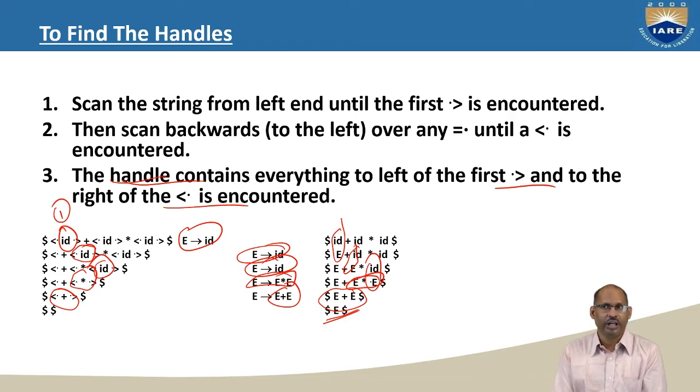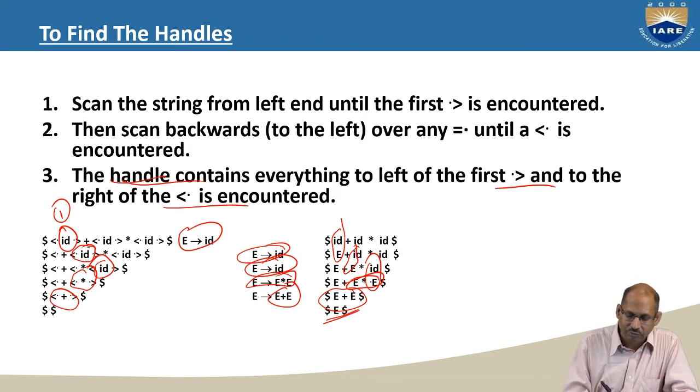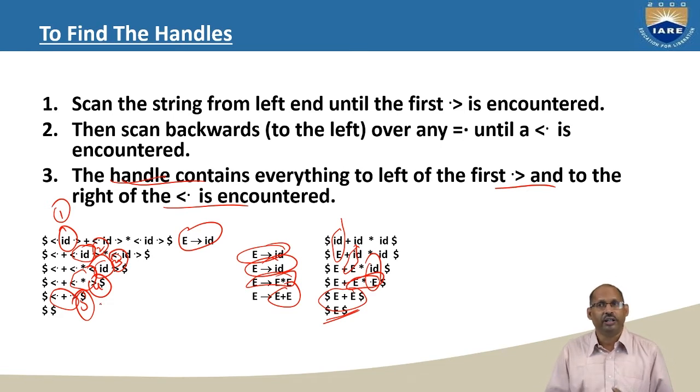We evaluate them so that finally we parse the input string using the operator precedence parsing method. First this id is evaluated, then this id is evaluated, then multiplication, then addition. Using these precedence relations we find the handle and reduce the handle.